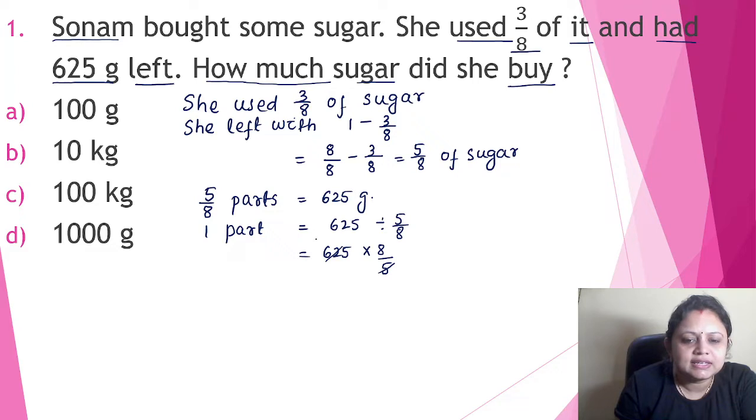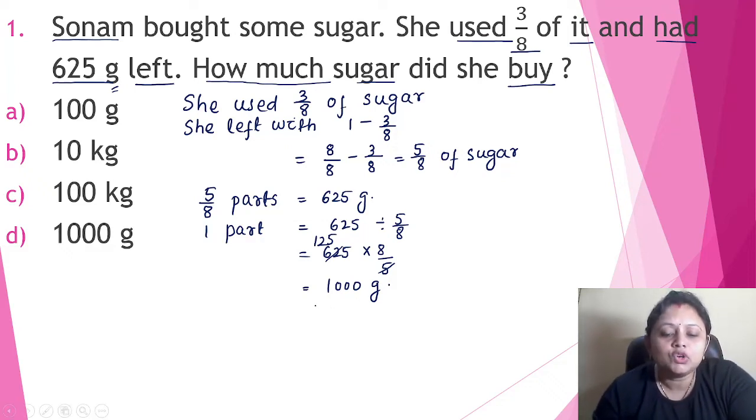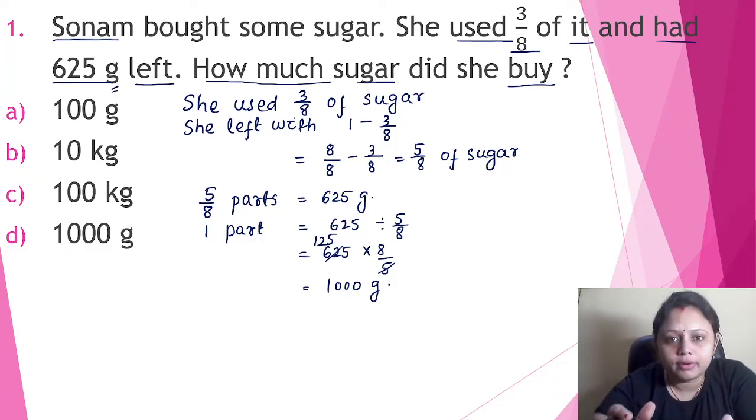So we cancel it, it is 125 into 8, that is 1000. Here the unit is gram, so here also we will write gram. So one part is equal to 1000 gram, that means Sonam bought 1000 gram of sugar.